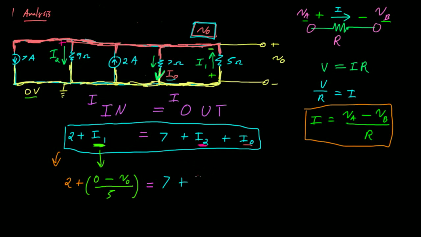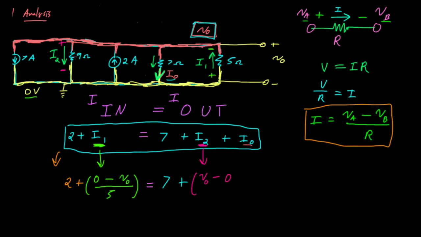So the high side of the voltage, let me go ahead and say that this is our I2, is going to be V0. And that current is going to flow from the high side to the low side. So the low side of the voltage for I2 is going to be 0 volts. So I say minus the low side of the voltage, so minus 0 volts.